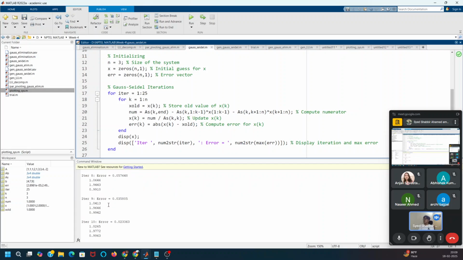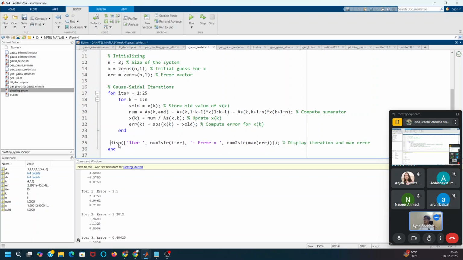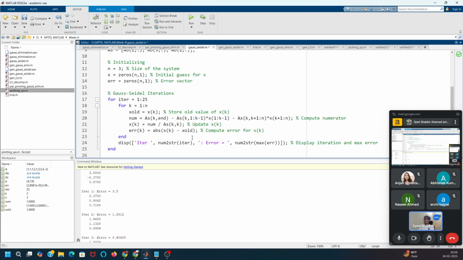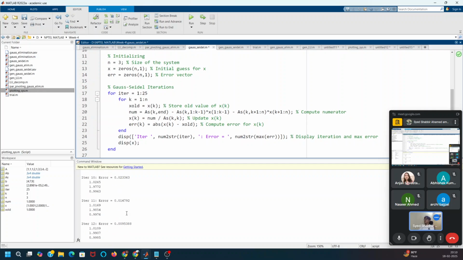So you can see that after every iteration, or let's say I'll print this below this. So I'll run.